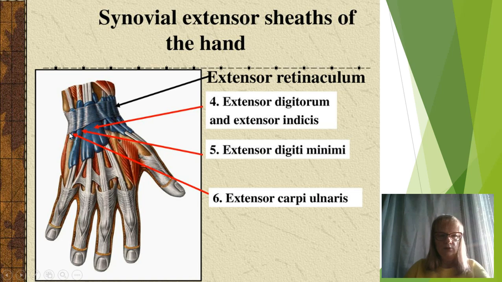And 1, 2, 3. Next, number 4, extensor digitorum and extensor indicis, better visible here. Next, extensor digiti minimi, here. And extensor carpi ulnaris. 6 sheaths for extensor muscles on the dorsal surface.